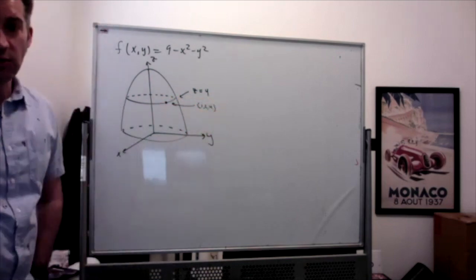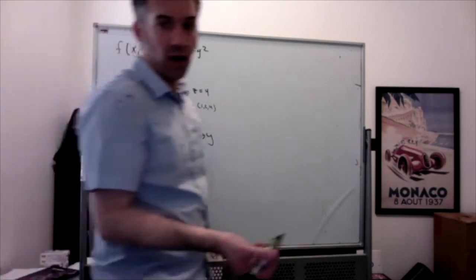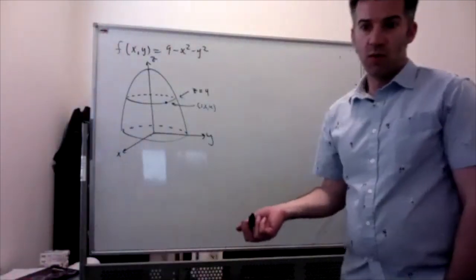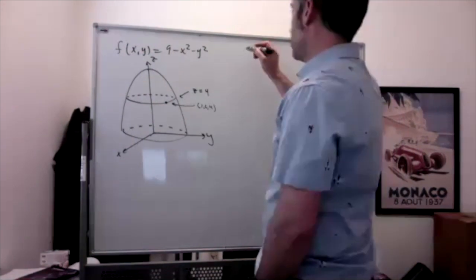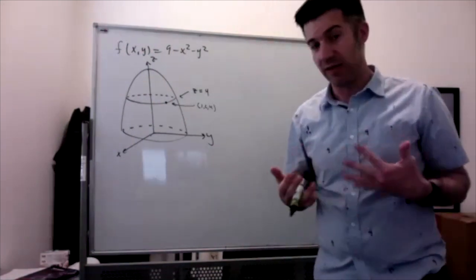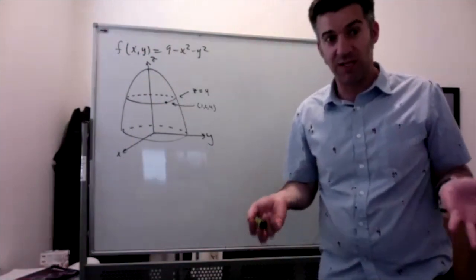And what I'm really interested in is I want to know what the derivative is. So when I say the derivative, I mean the slope of the surface, or the slope of the tangent line.